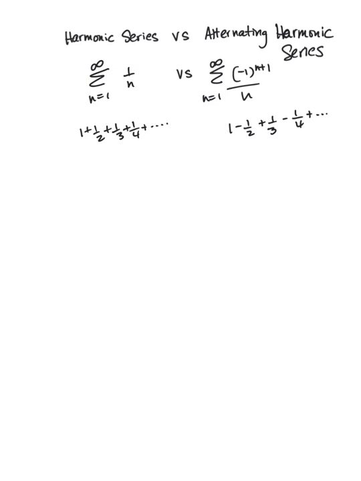So remember that the harmonic series diverges because the value of p is 1, which is, of course, less than or equal to 1.